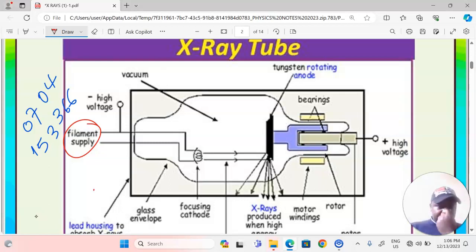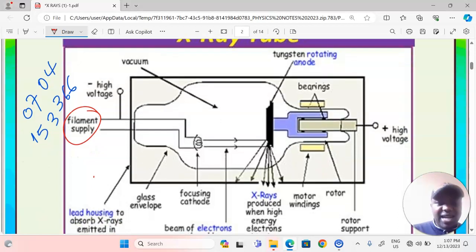It's good to know that on the filament, which is supplying current on the focusing cathode, there is a potential difference. This is the potential difference which ensures that current has been supplied to the cathode.